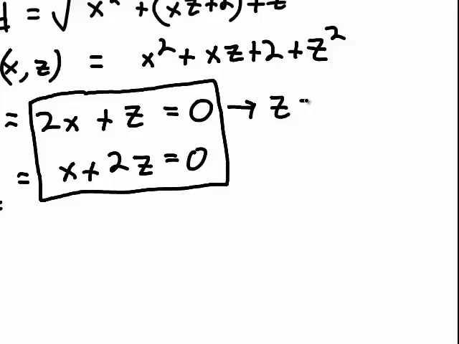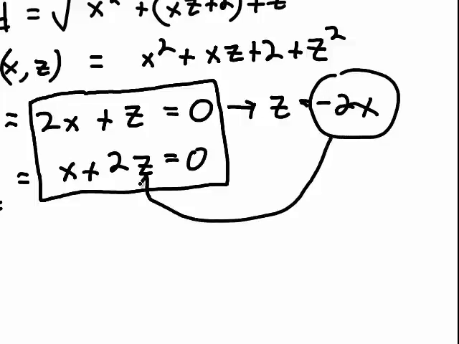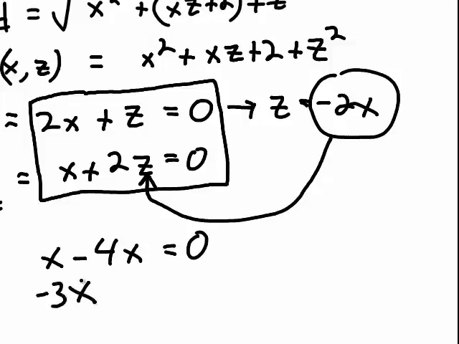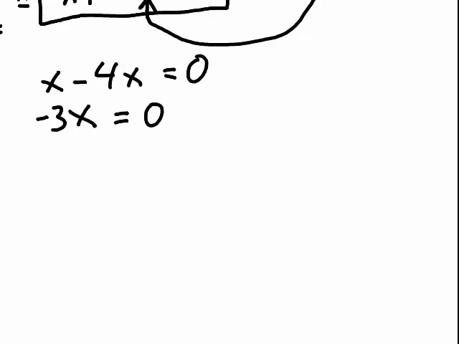You get z equals negative 2x, and plug that right in there, which gives you x minus 4x equals 0, or negative 3x equals 0, which just means x equals 0.